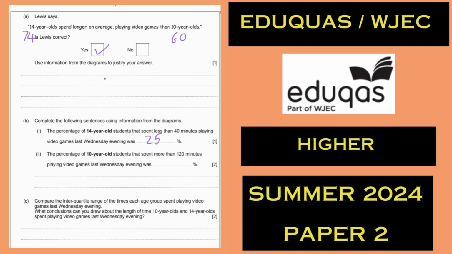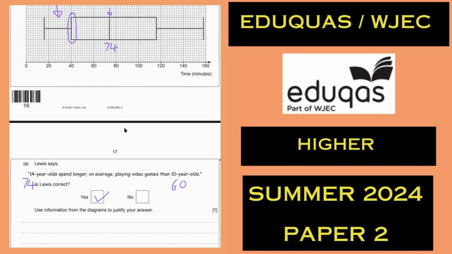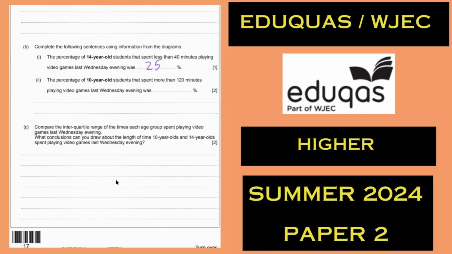The percentage of 10-year-olds that spent more than 120. Back to your graph, back to your cumulative frequency. Circle your 120, go up and along. We get 76 students. In other words, only 4 spent longer. That's the key.